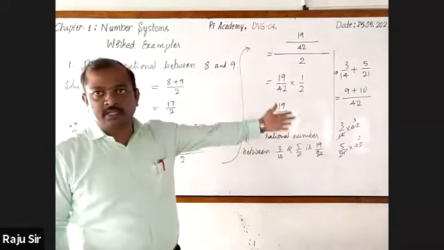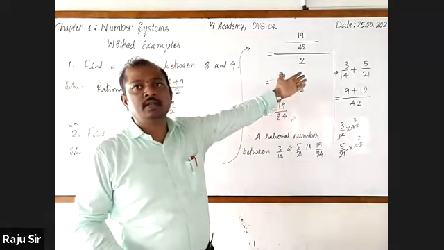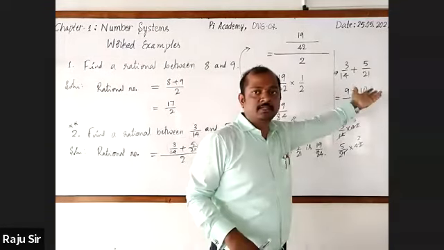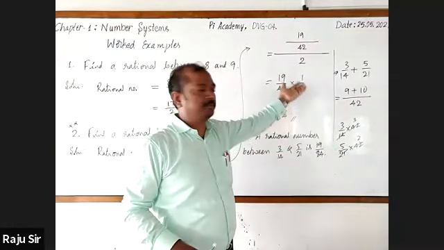It has a bit of calculation, but this calculation is completely based on your previous knowledge. In your previous classes, you have learned how to add fractional numbers and how to divide a fraction by a fraction.